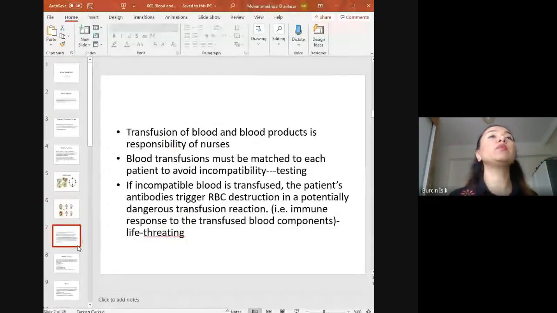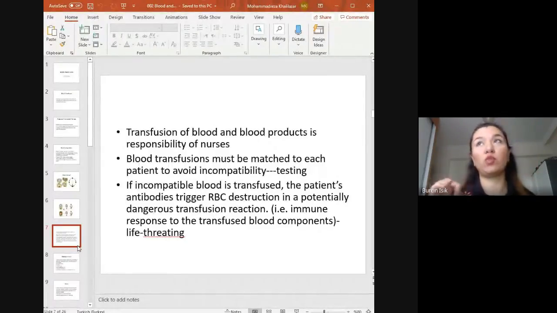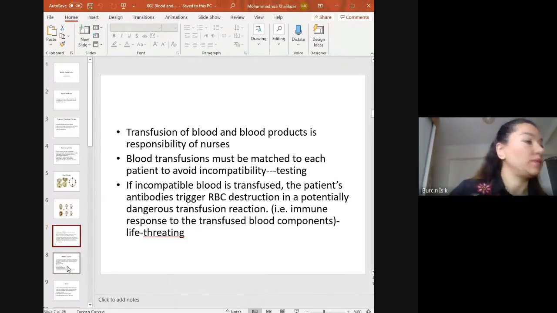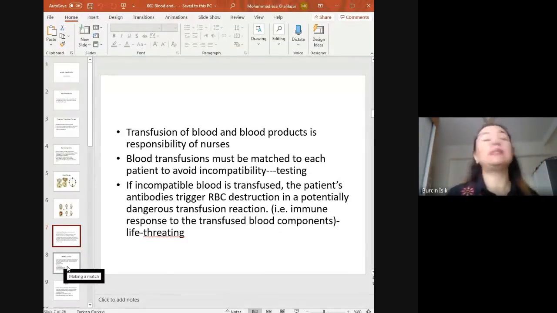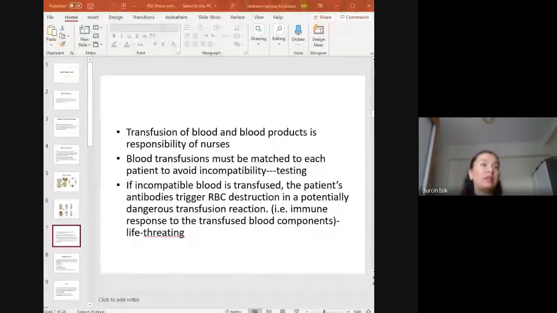So transportation is the responsibility of nursing, and for hemolysis you must check the first important things and the date. Another important thing is that blood is kept in a cold place in the lab. So if you take it and inject it into patients right away, it causes dangerous situations.